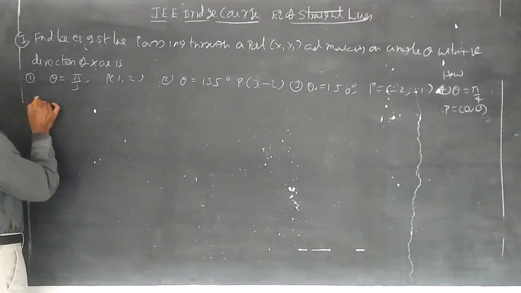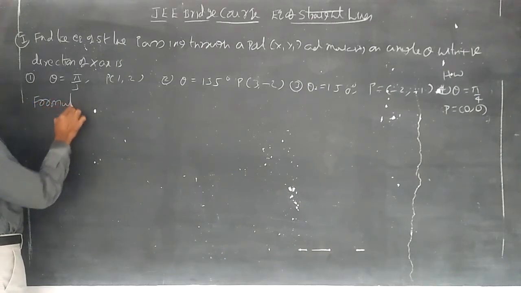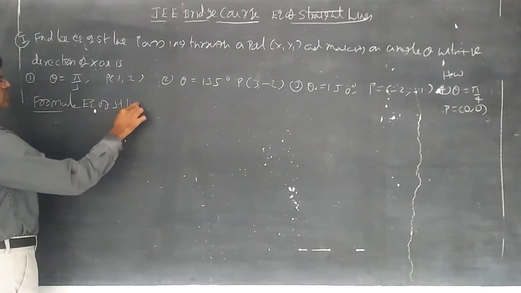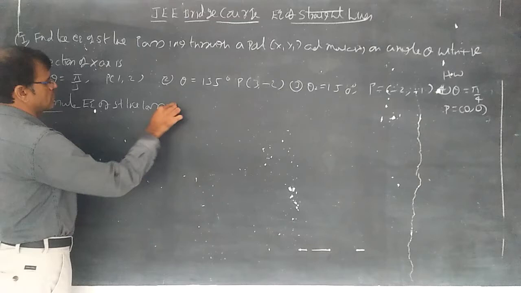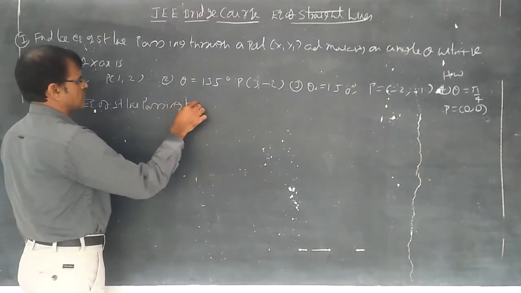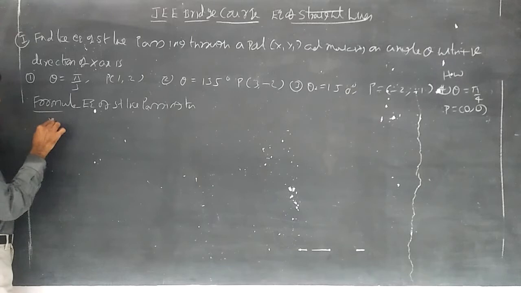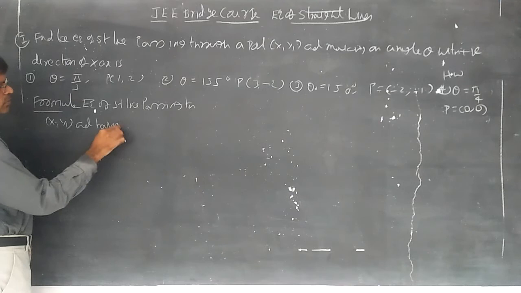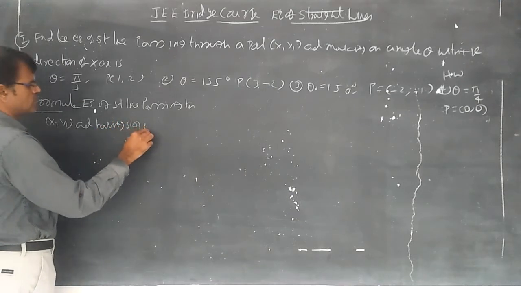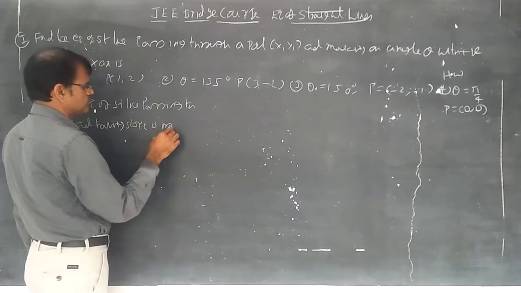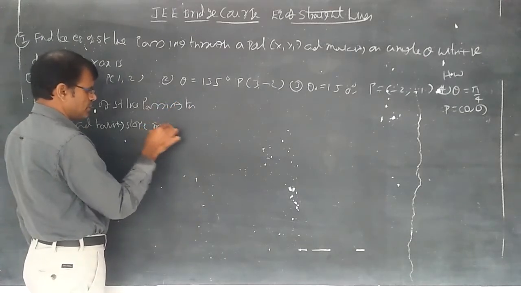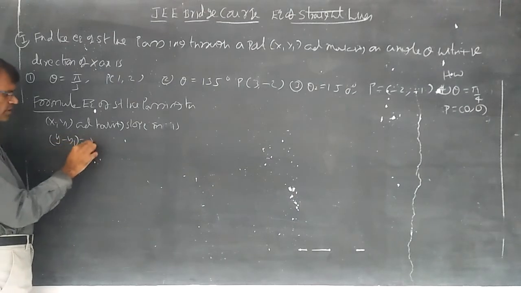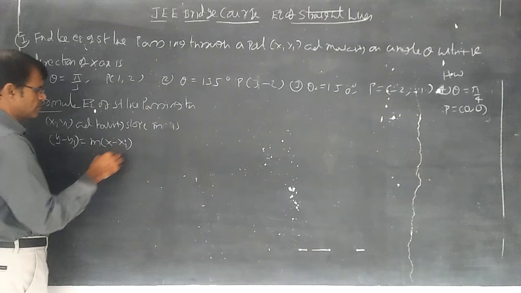Now, formula: equation of straight line passing through x1 comma y1 and having slope m is y minus y1 is equal to m into x minus x1.